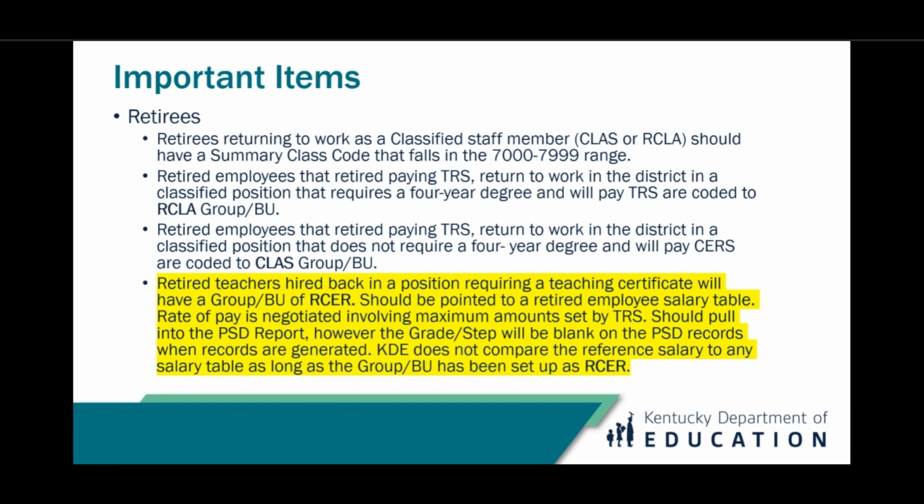And you can set up those salary tables however you choose to do that, so that you pay them however they need to be based on their negotiated rate. As long as their group BU is RCER, because if it's RCER, KDE is not going to compare that reference salary to any salary table, again, as long as that group BU has been set to RCER.